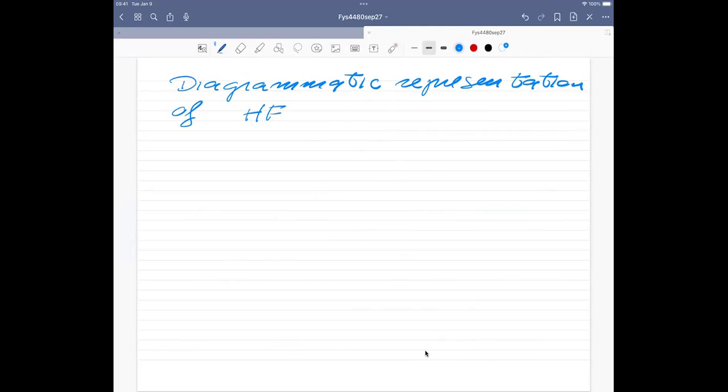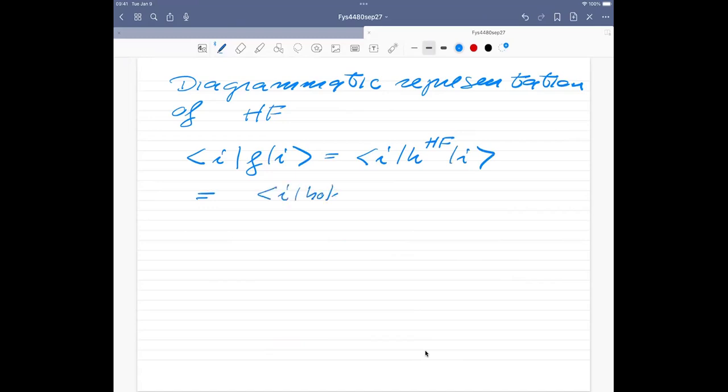And what we have is now a matrix element of this type, or an integral, which is given by <i|h_HF|i>. And the analytical expression runs like <i|h_0|i> plus this term, which now contains an effect from the medium, where this is an antisymmetrized matrix element.